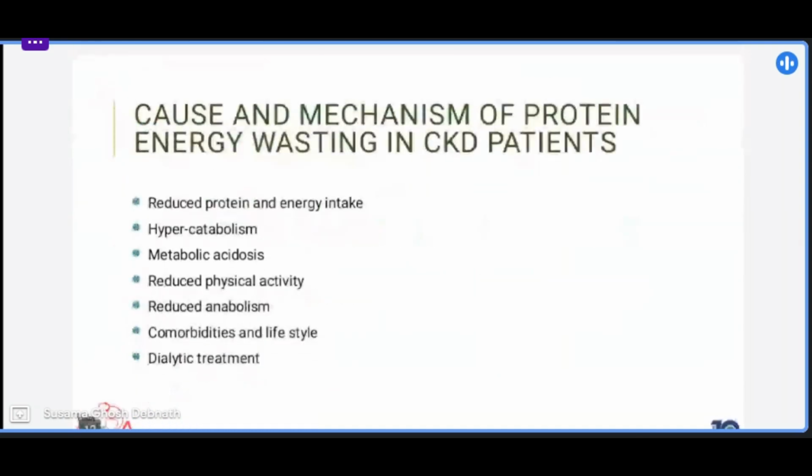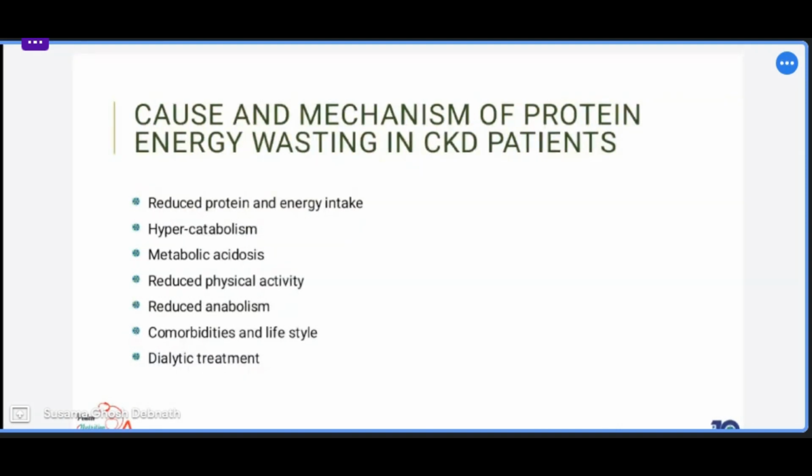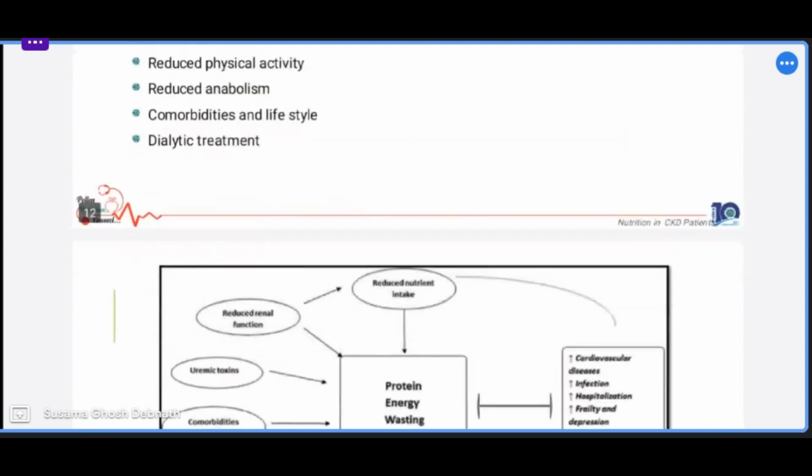Causes and mechanisms of protein energy wasting in CKD patients are reduced protein and energy intake, hypercatabolism in the patient's body, metabolic acidosis, reduced physical activity, reduced anabolism, comorbidities and lifestyle, and dialytic treatment. All these things are responsible for protein energy wasting in a CKD patient.